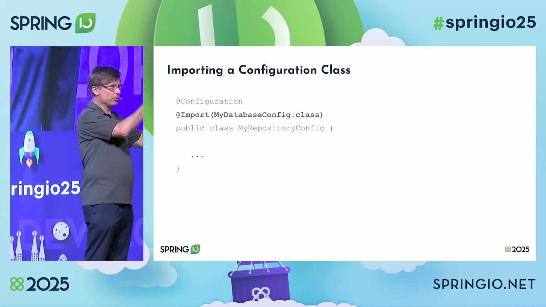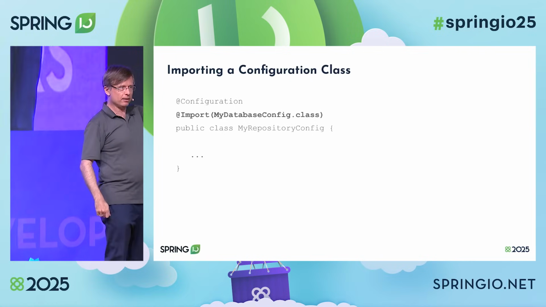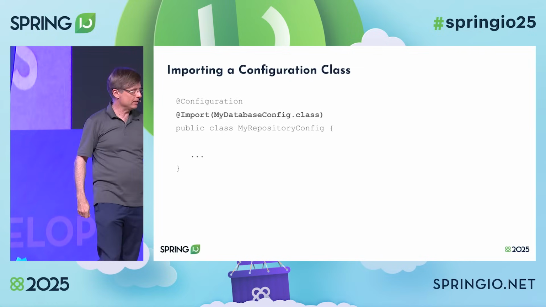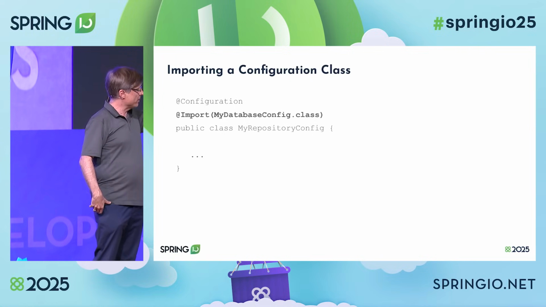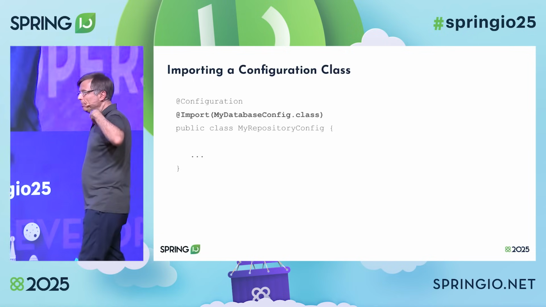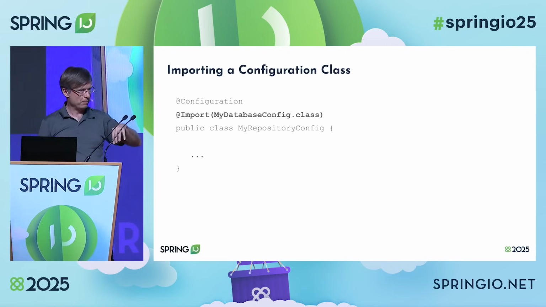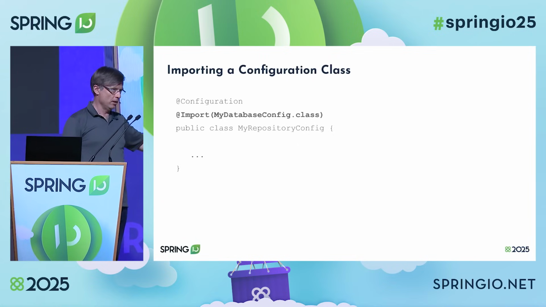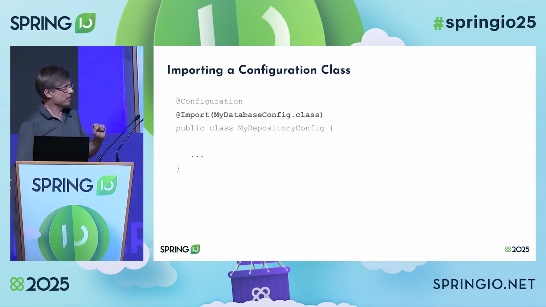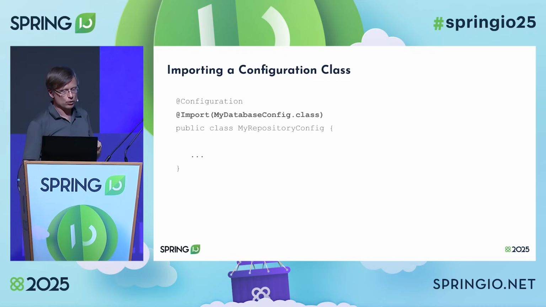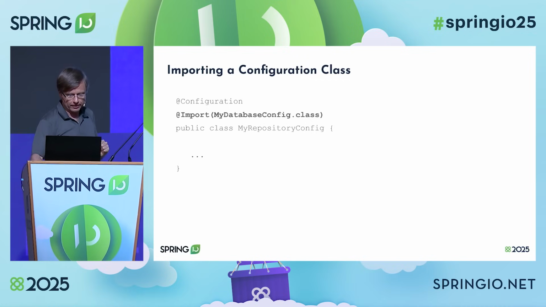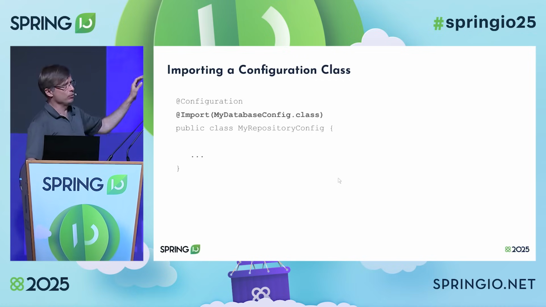So your little data source definition, you can import that in a higher level configuration class. Every time someone uses my repository config, implicitly they are also going to get the my database config applying. All the bean definitions in my database config are also going to be present to any user of my repository config. So that's actually pretty old behavior, so Framework 3 era behavior.